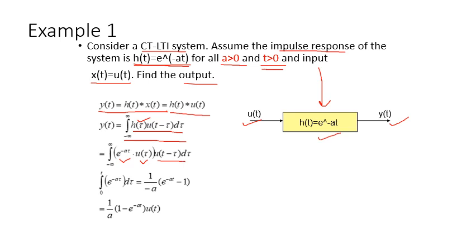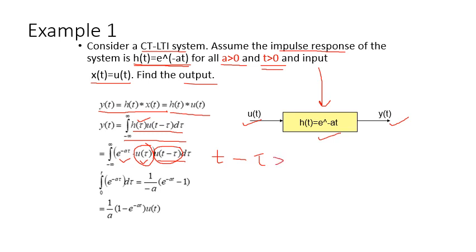Now we have to integrate this. This u tau, we know, has a value of 1 for tau greater than 0. And for u of t minus tau, this will have a value of 1 when t minus tau is greater than or equal to 0.